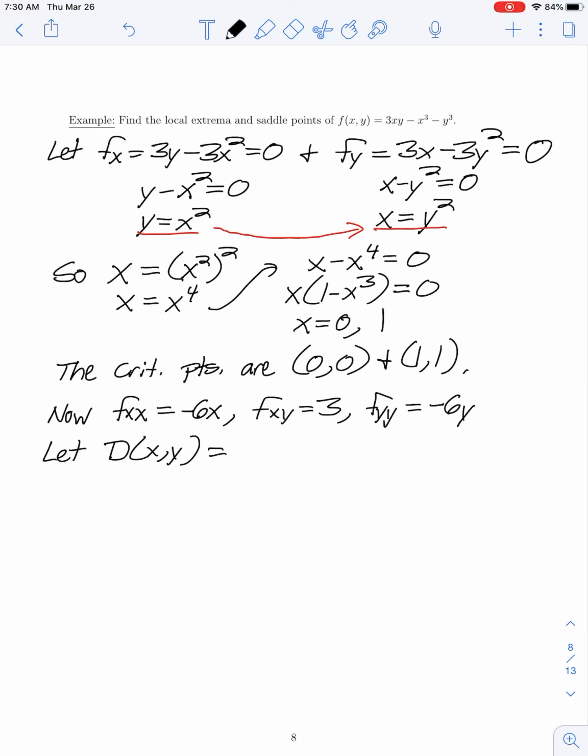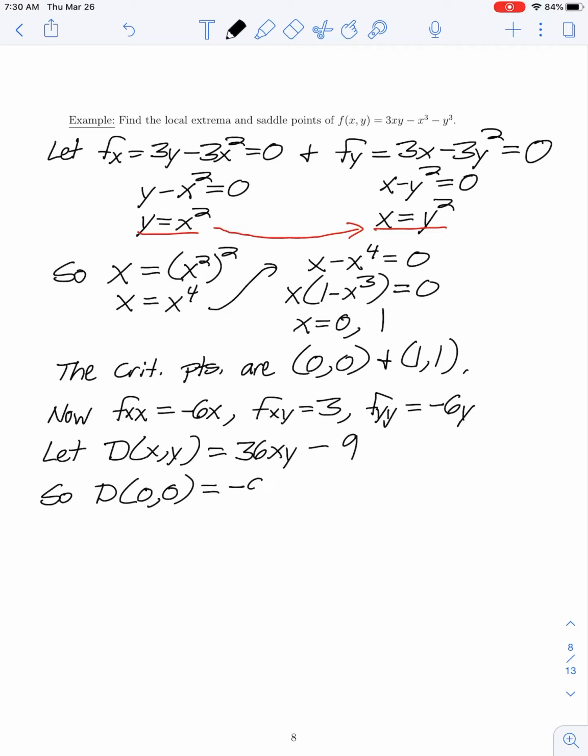So we can define our discriminant, capital D, of xy as the product of f sub xx and f sub yy, which would be 36xy, minus the mixed partial squared, which would give us 9.